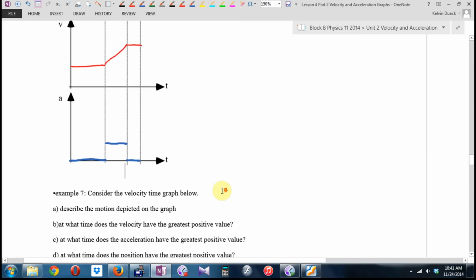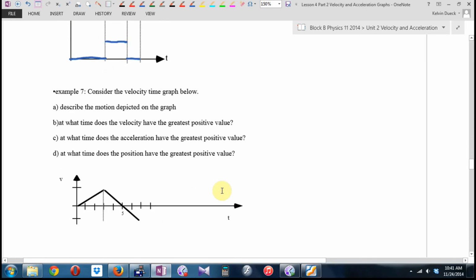Okay. Consider the velocity time graph below. This is important. This is a velocity time graph. So when I see the slope on here, what's the slope telling me? Not velocity. What's the slope telling me here?